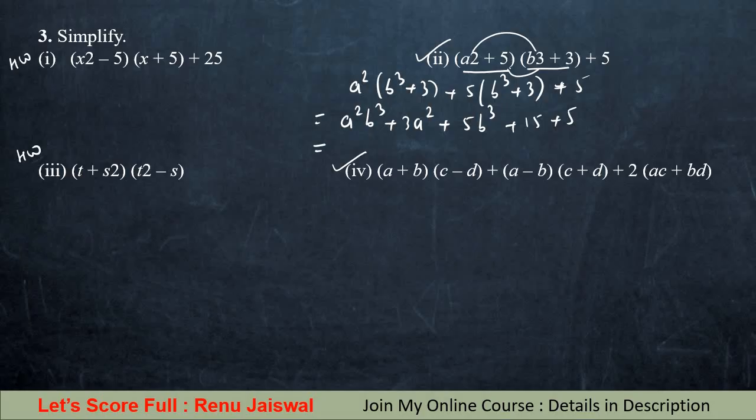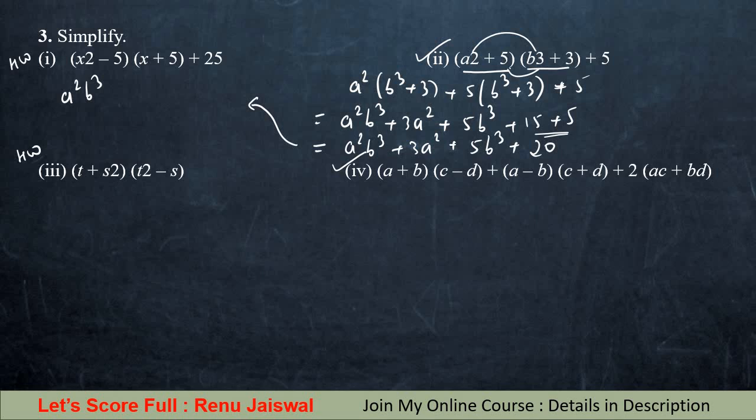Do I have like terms? Yes, these two are like terms, not the variable ones. So a squared b cubed, 3a squared, 5b cubed, and then here is 20. You might get a different sequence in your answers, so I'll explain that here. For a squared b cubed, the power is 3 plus 2, that is 5.